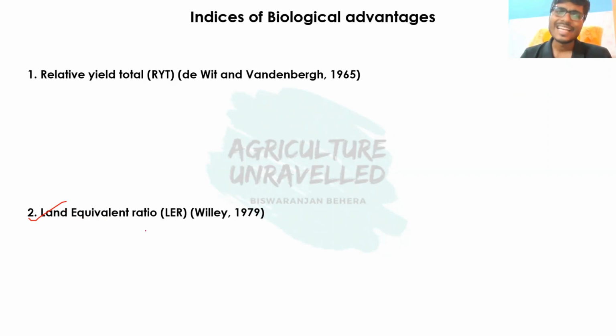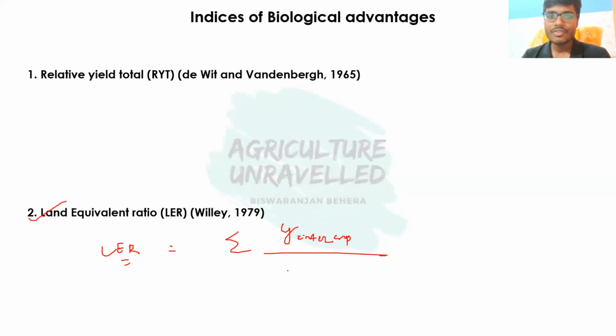The formula of land equivalent ratio is the same as the relative yield total. So that is the summation of yield of intercrop divided by yield of sole crop. It is the same formula, but the difference is in the interpretation.